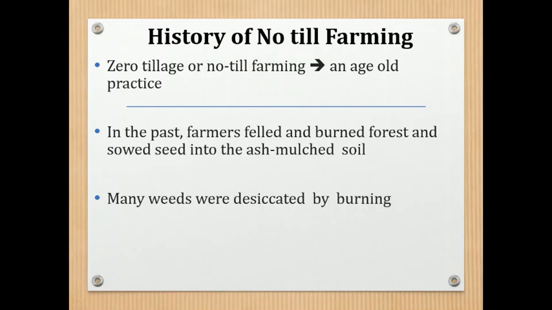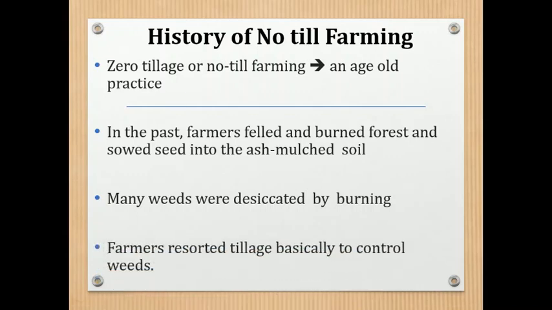Many weeds and weed seeds were desiccated by the burning before seeding. Subsequently, with time, crops were infested with weeds with the long-term cultivation, and then farmers restarted tillage to control these weeds.